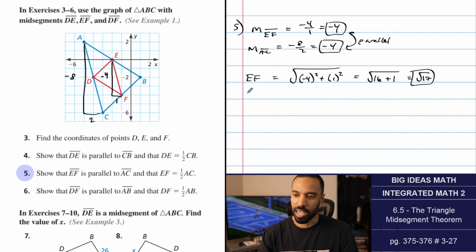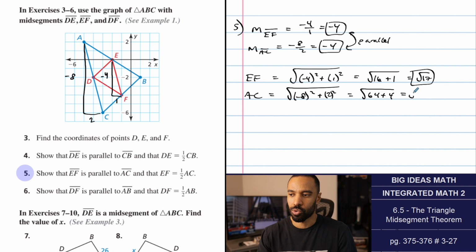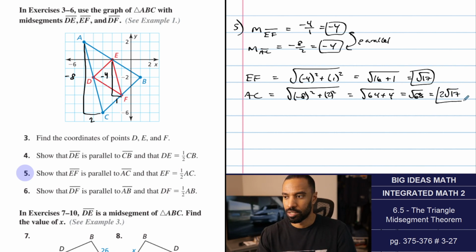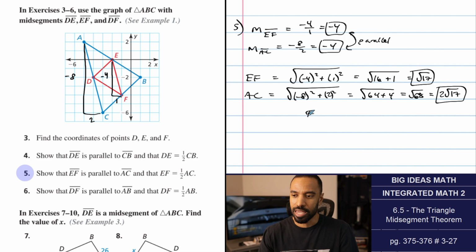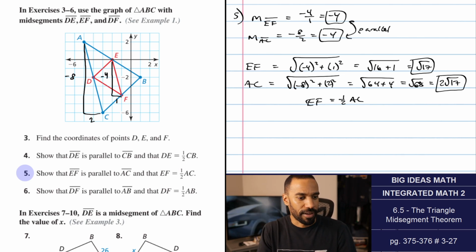And the length of segment AC is going to be the square root of -8 squared plus 2 squared, which is the square root of 64 plus 4, square root of 68. Now the square root of 68, I think we had an example of this. This is root 4 times root 17, which is 2 root 17, which means that once again, EF is half the length of segment AC. Like that. So that's number 5.